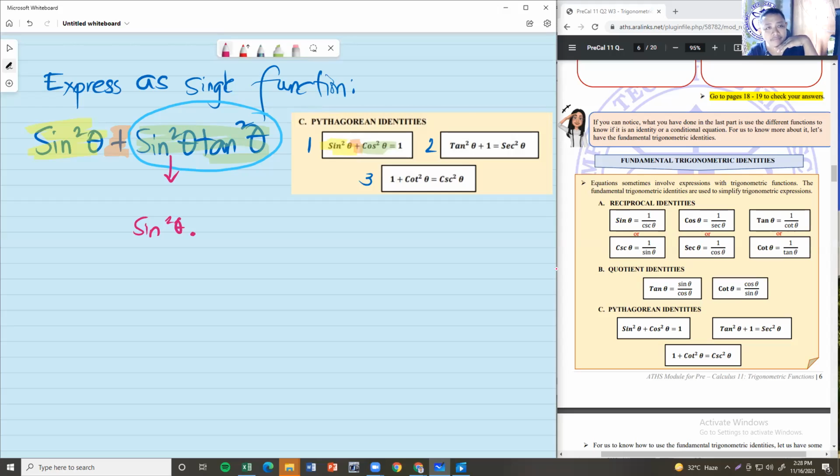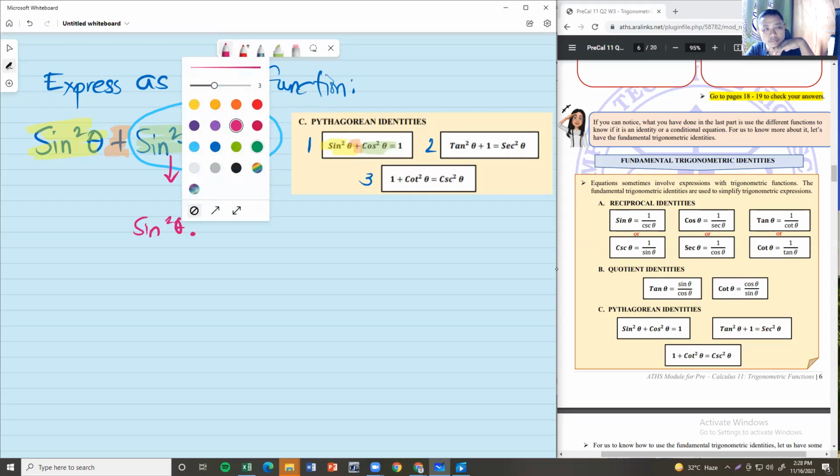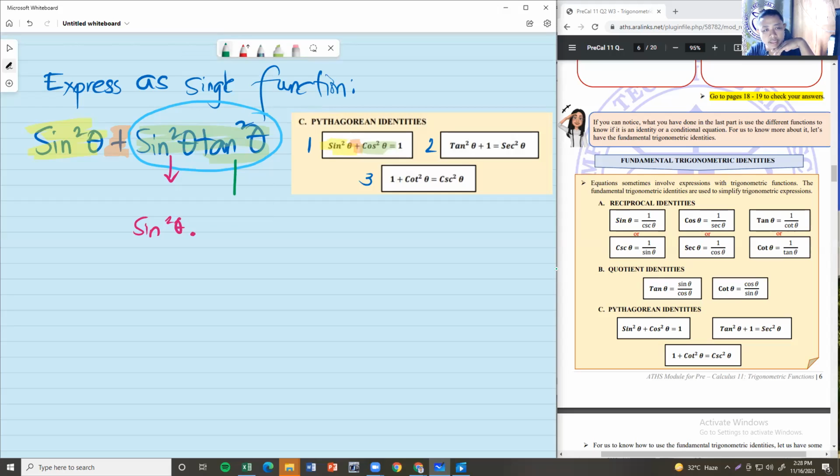Let's just try. This is just one of the ways kasi let's just try. We just have to try. This can be changed to, change natin tong tangent to sine squared theta over cosine squared theta.